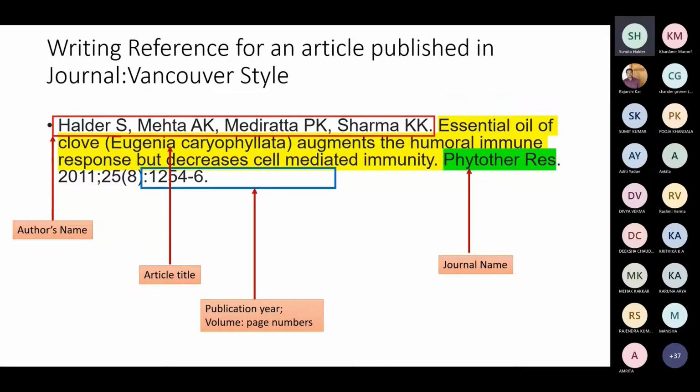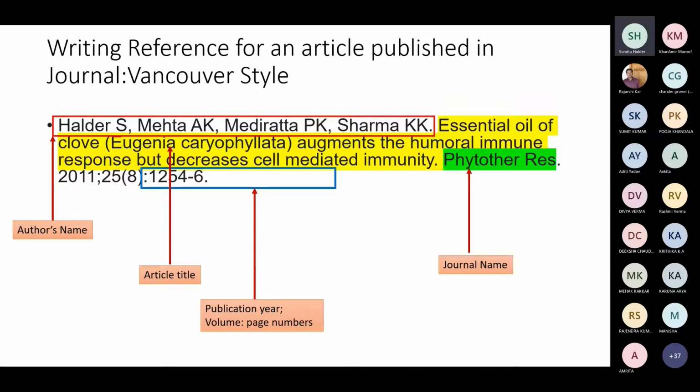This is a reference of a journal article. So one part consists of the names of the authors. Then the next part consists of the name of the article. Then the next part, the name of the journal. Then the year, the volume, the issue, and page number.